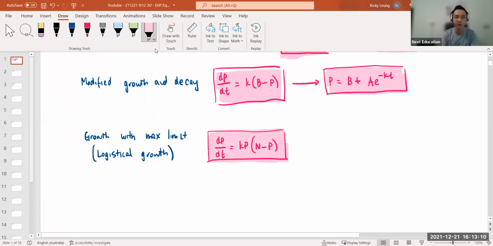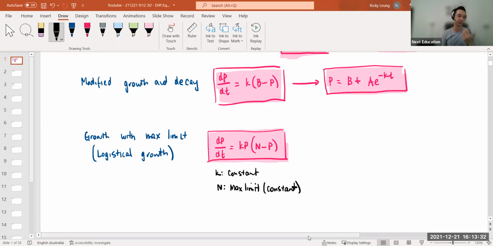What's important is that there are a few variables we need to call out. Obviously k is a constant, but more importantly, N is also a constant, and it's the max limit. And the variable P is the variable that we're finding the rate of change of.